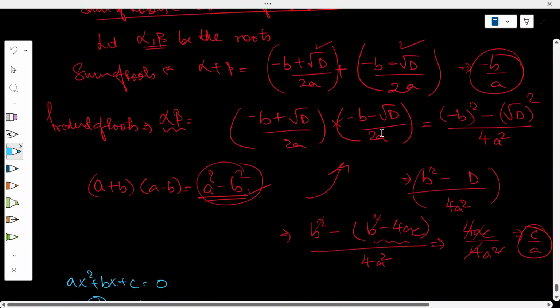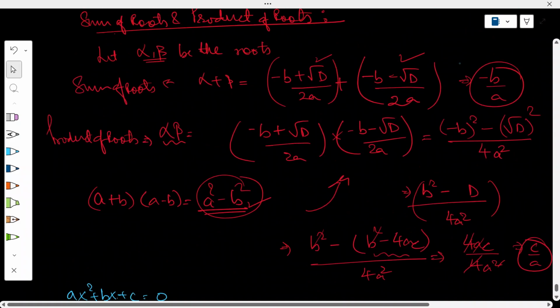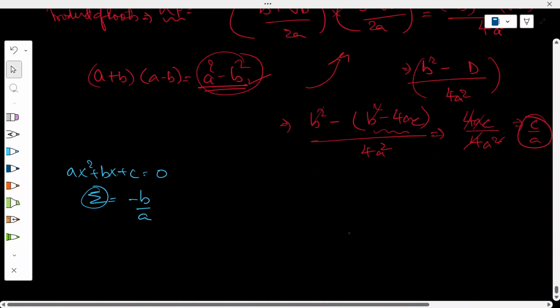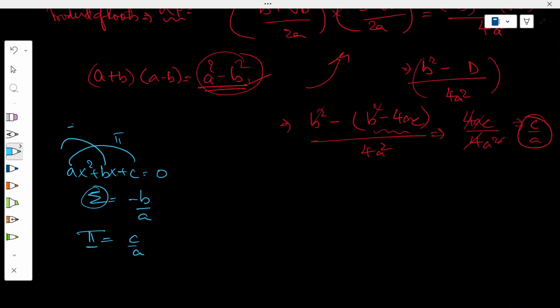Using the above proof, we represent the product of the roots as pi, which is c by a. If you divide these, taking a, multiplying by minus 1 times minus 1, we get the sum.